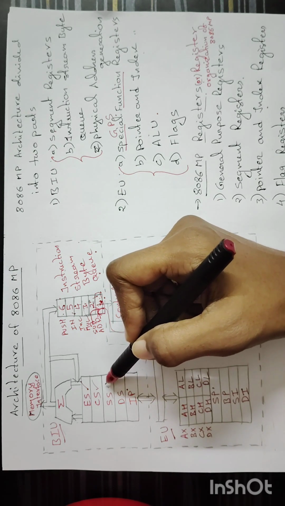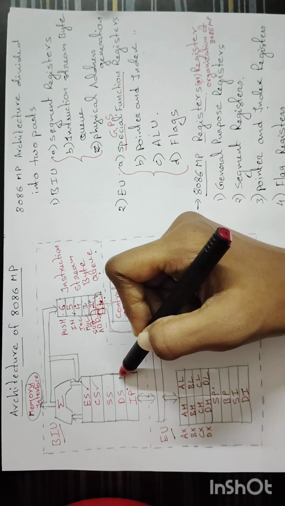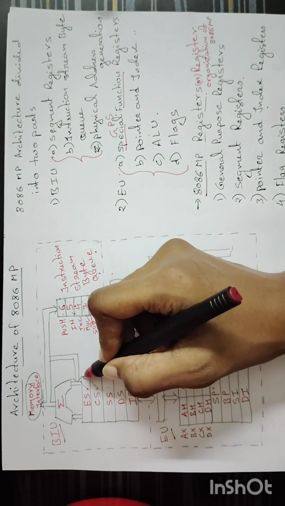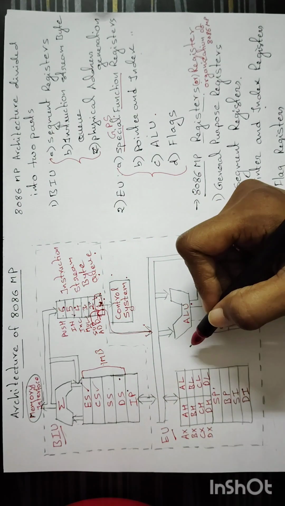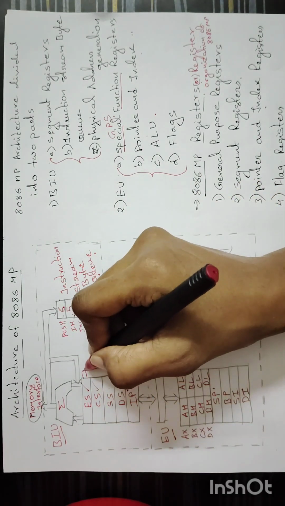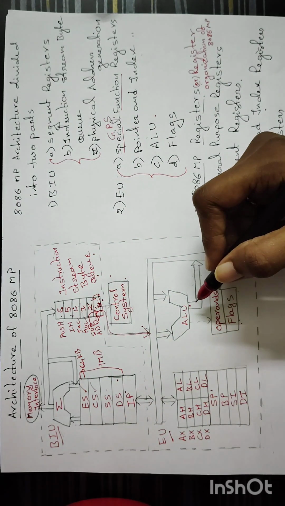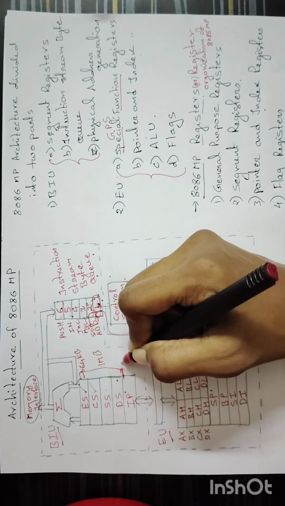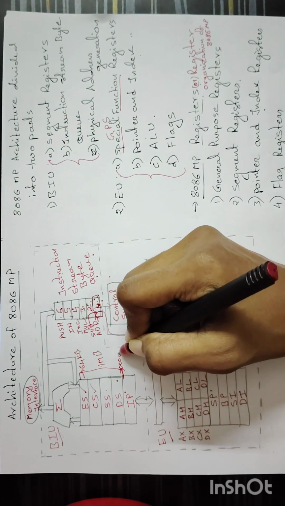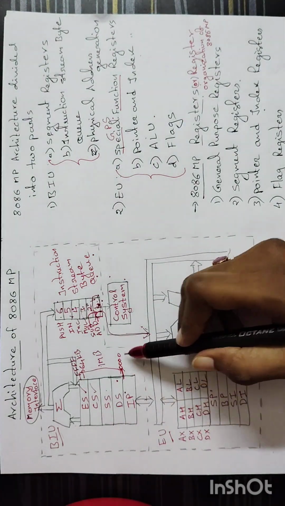The memory size of each segment is 64 kilobytes, and it has the range 0000 to FFFF.